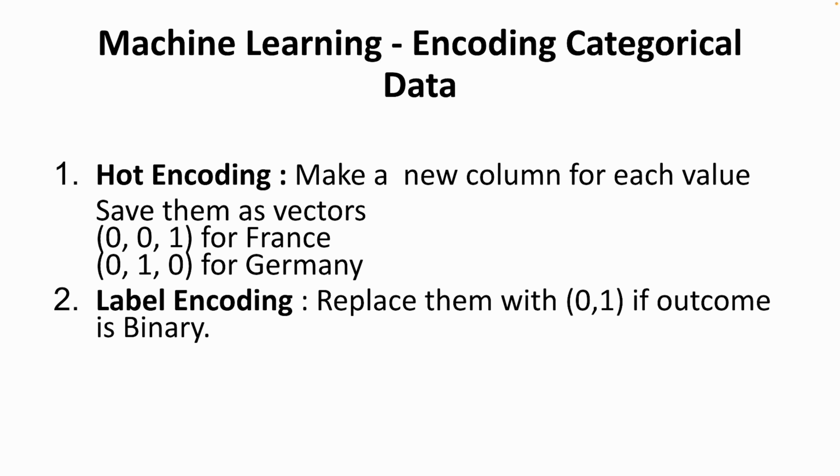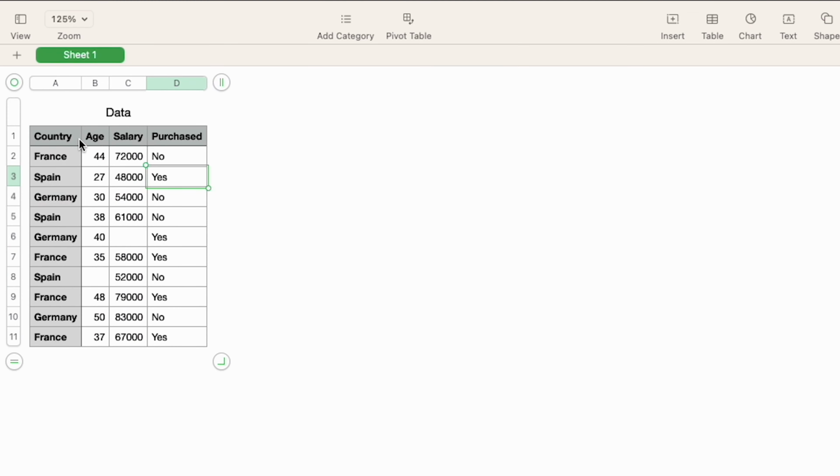Now you may say, if the whole purpose of the transformation is to turn the string data into numbers, why don't you assign a value to each category, like 1 to France, 2 to Spain, and 3 to Germany, instead of creating 3 additional columns? The problem with that approach is that if we assign some sort of value to each category, it adds a weight, which can cause problems for a machine learning model.